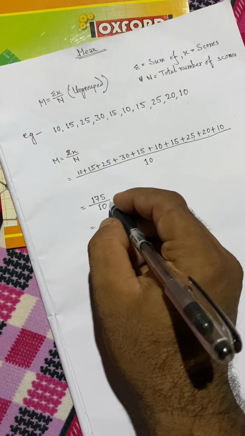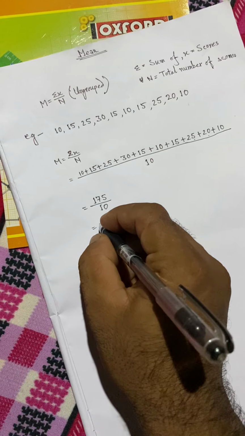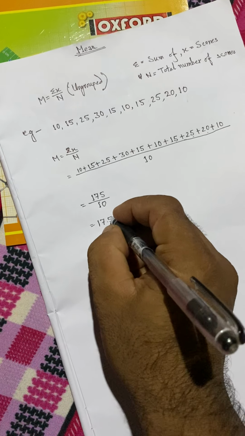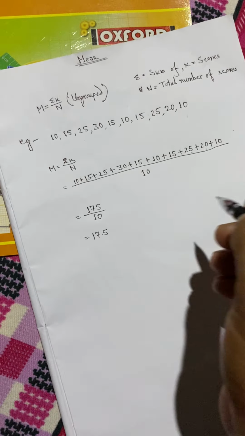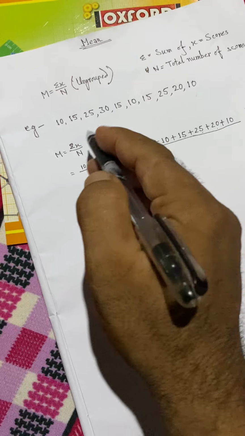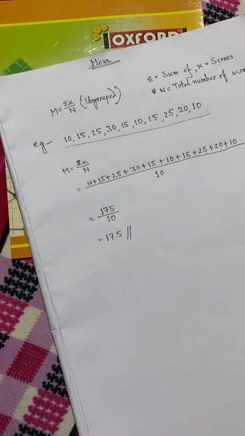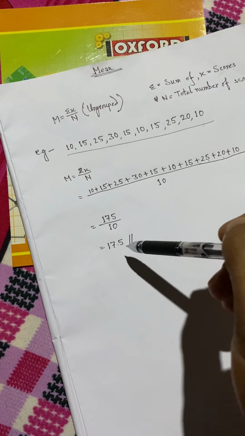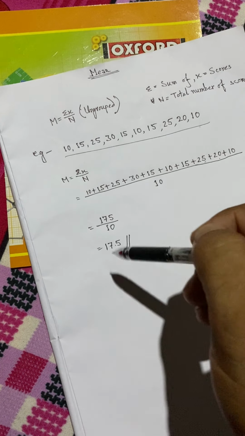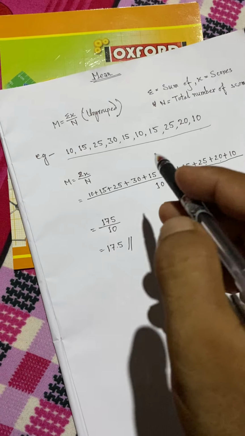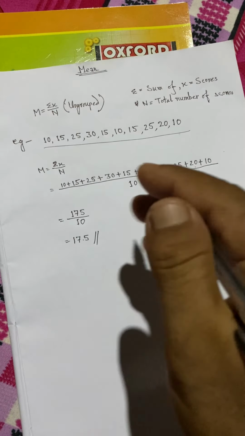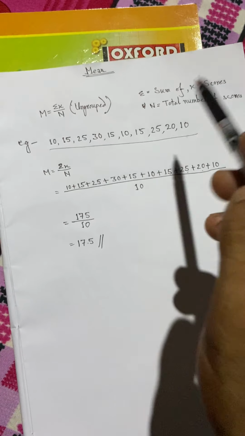If you divide 175 by 10, then you will get 17.5. So 17.5 is the mean of these scores. This is the average mark of this observation.